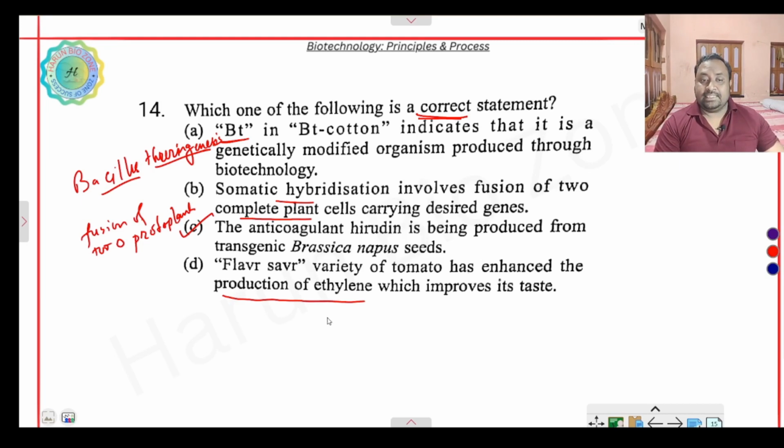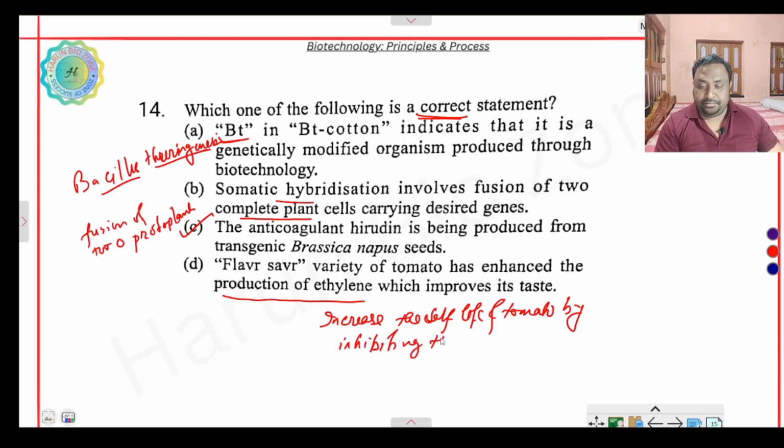Flavr Savr tomato increases the shelf life of tomato by inhibiting the enzyme beta-galacturonidase that stimulates fruit ripening.